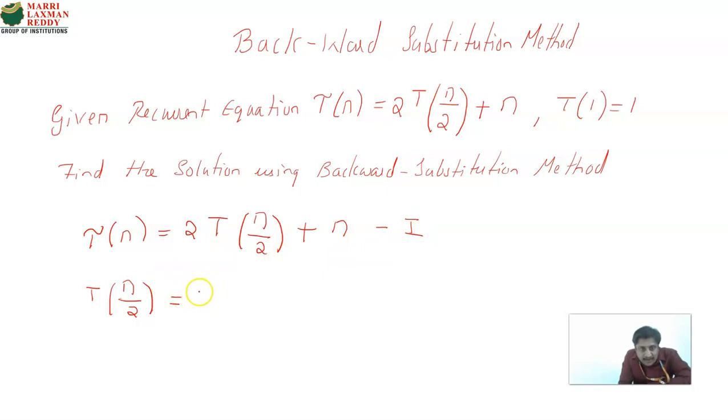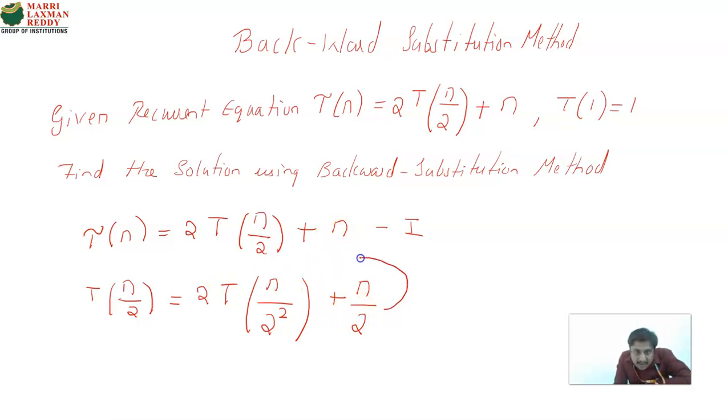It will be like 2 into T of, again instead of n we will reframe it as n/2. Wherever n is there, we will replace it by n/2, which will look like T(n/2) = 2T(n/2²) + n/2.